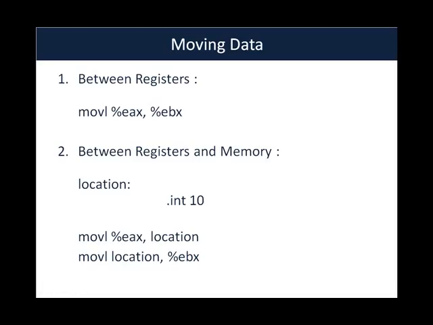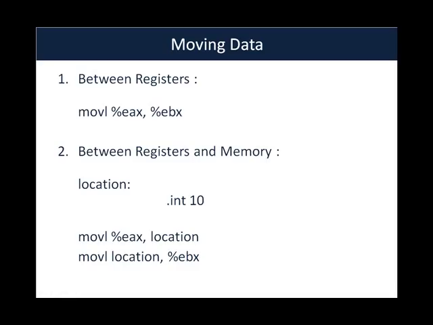The point to note is that depending on the size of the location, the appropriate register needs to be chosen. If this was a short int, then we would probably have used the AX register. Similarly, to move data from a location into a register, we use movl location, register.